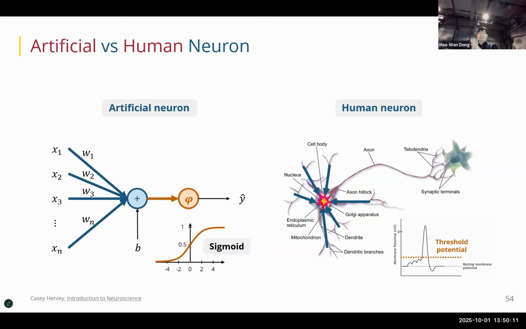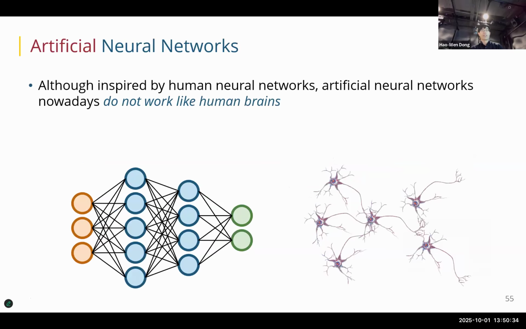Once it reaches that threshold, or in the artificial neuron, we use the sigmoid function as the threshold function, then you shoot some signal out. So that's the idea of a neuron: you are doing some calculation, accumulation, aggregation, and seeing if it reached that threshold. And you just connect a bunch of those to create an artificial neural network.